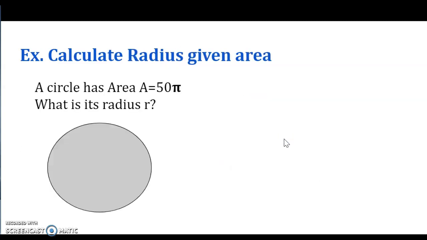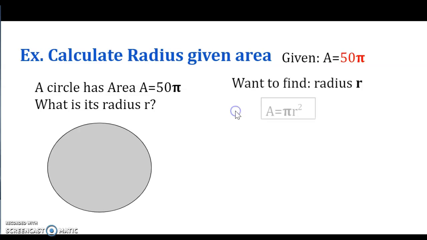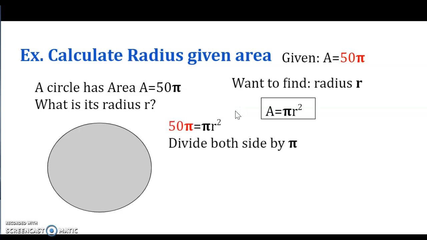So what about in this case, you're given the area to be 50 pi. What is the radius? We're trying to find the radius this time, given the area. Using the formula, you set 50 pi equal to pi r squared. Divide both sides by pi, and you get 50 is r squared.